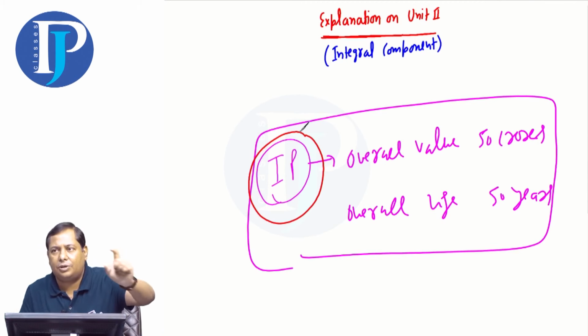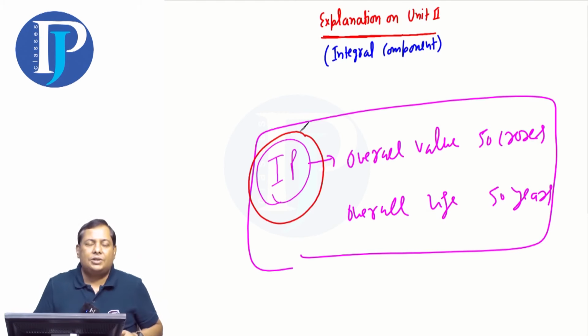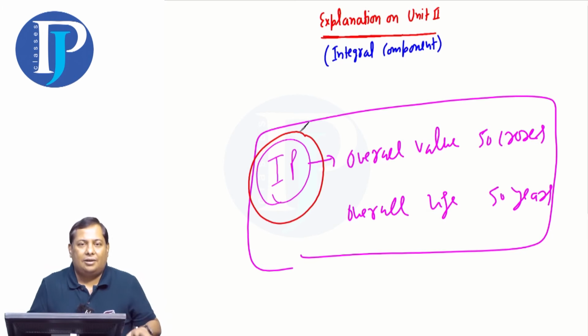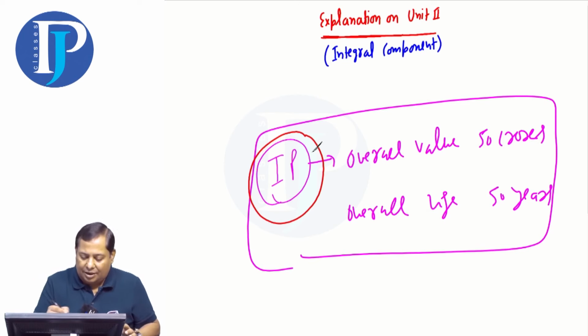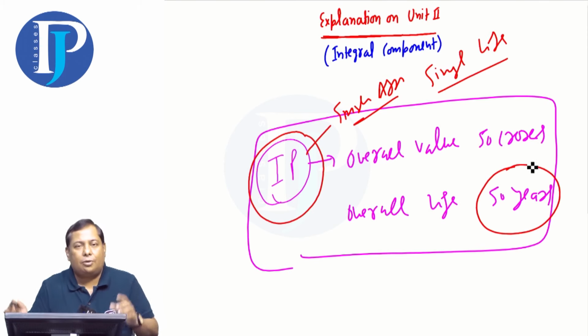Like in the previous class, it was interiors. There is no such component whose life is different. Any of the different components inside the investment property was not identified. When there is no component, this means that this is a single asset and it has a single life. Depreciation will be calculated as per 50 years.